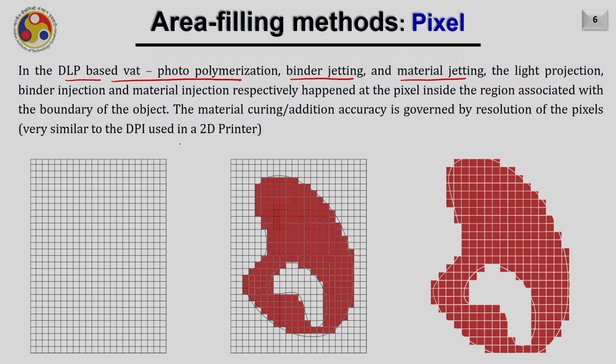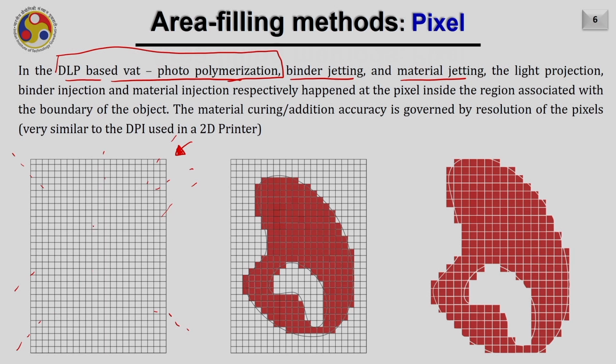So now let us consider this particular domain. It is a rectangular domain which consists of a lot of pixels. Let us assume that we are dealing with DLP based wet photopolymerization. In this case, what will happen? Light will be projected on the entire mirror, which consists of a lot of mirrors arranged in pixels.